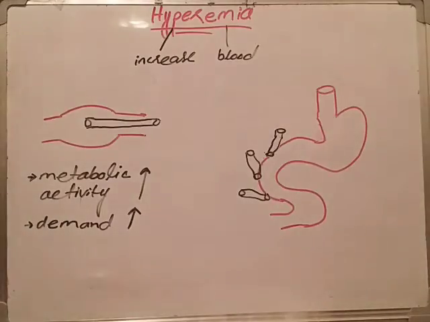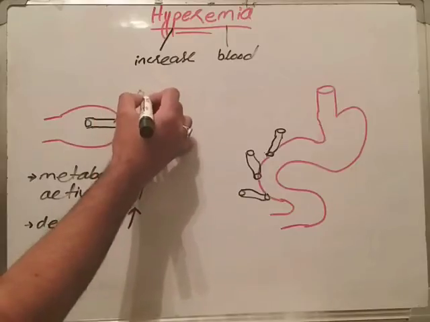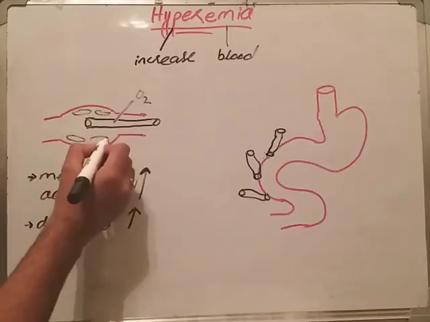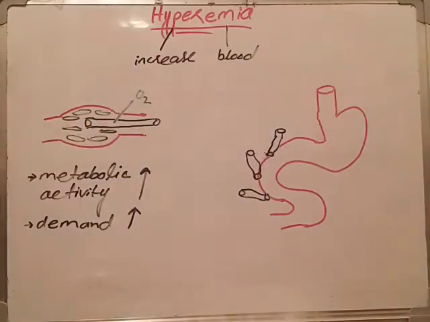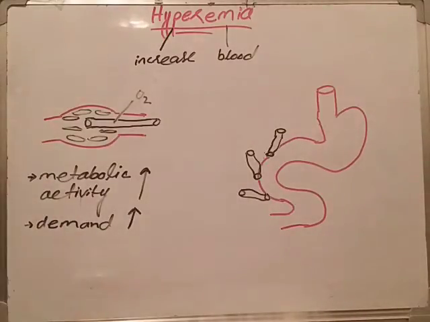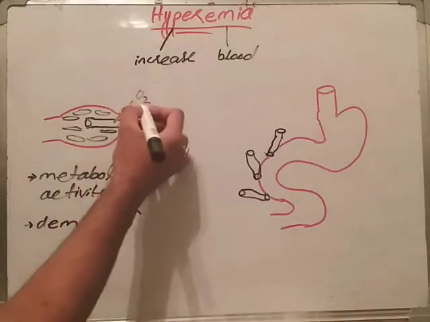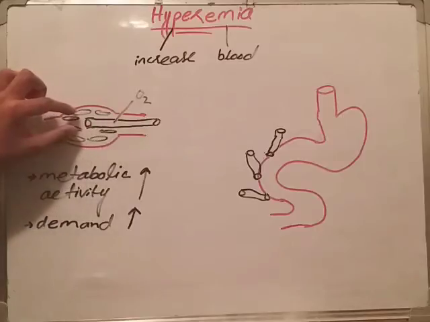For example, here a certain amount of oxygen is provided by this blood vessel to the skeletal muscle fibers, and they perform the process of contraction and relaxation. They are using oxygen, they are using nutrients, they need calcium ions and certain other metabolites for the process of metabolism. Here the oxygen is provided by the blood vessel.